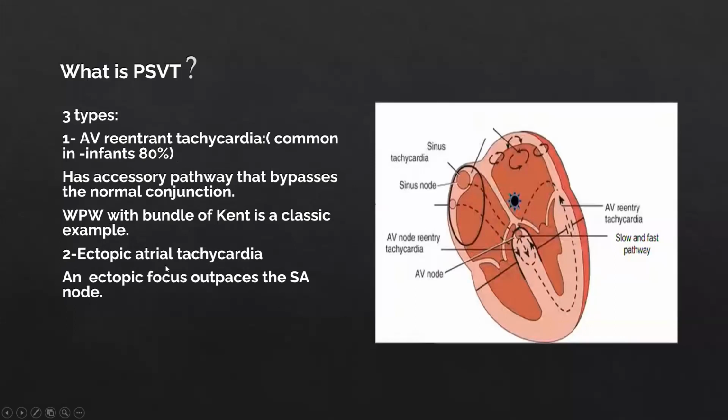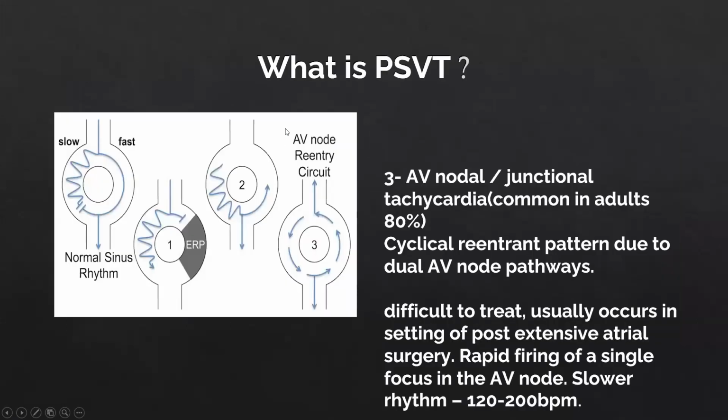Then ectopic atrial tachycardia, where an ectopic focus outpaces the SA node. So here is the SA node, and maybe there is an ectopic atrial tachycardia going here and causing the circuit. And the third type is the AV nodal or atrioventricular nodal or junctional tachycardia, and this is common in adults.